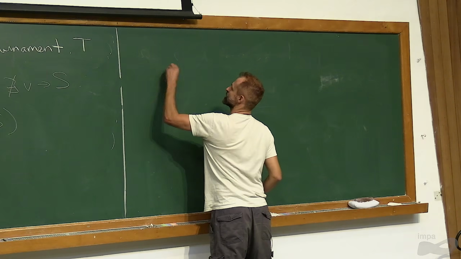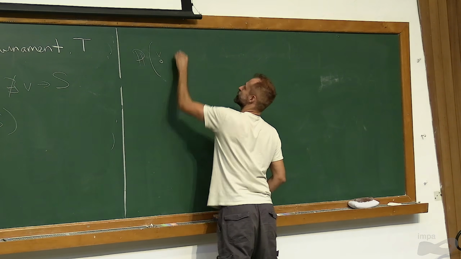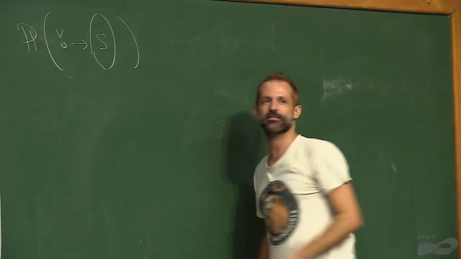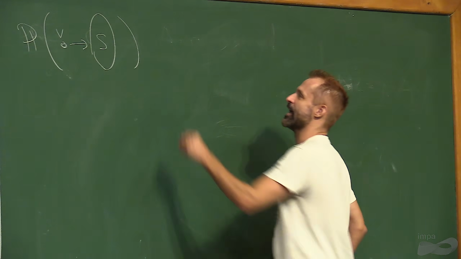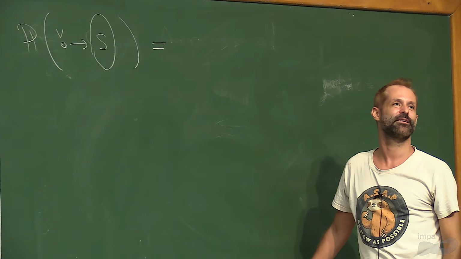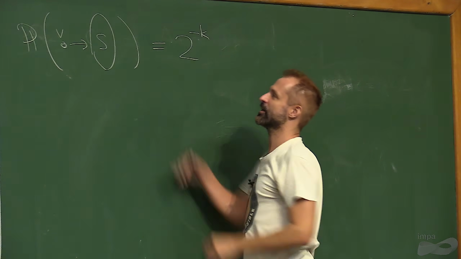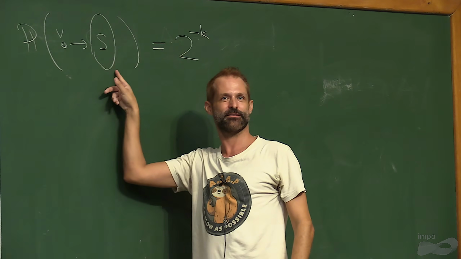So first, what is the probability for a given vertex V and a given set S that V arrows S, that V beats everyone in S? Exactly, 2 to the minus k. There are k edges. They all have to go from V to S.